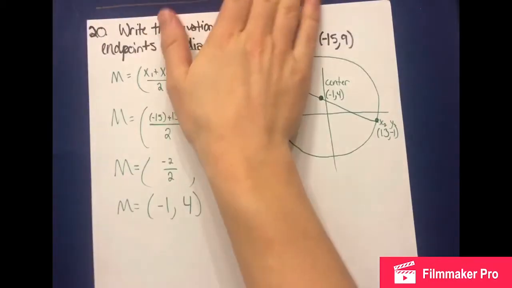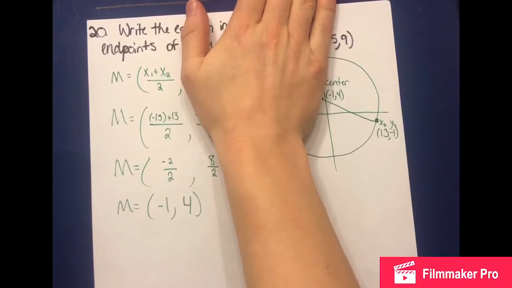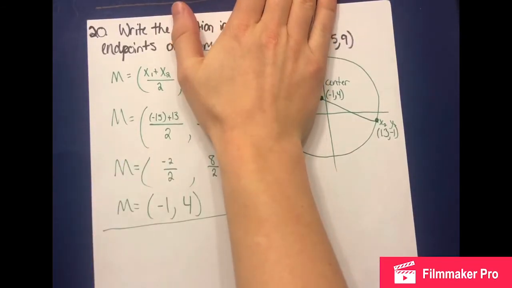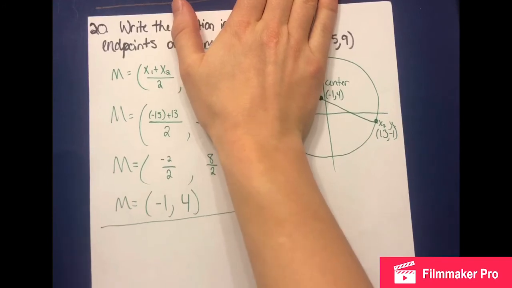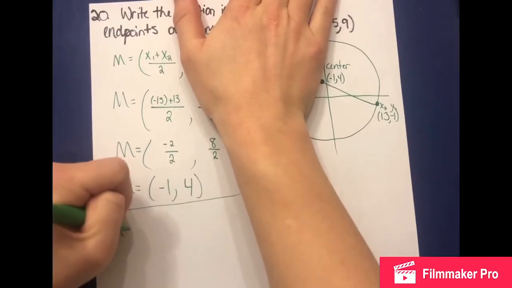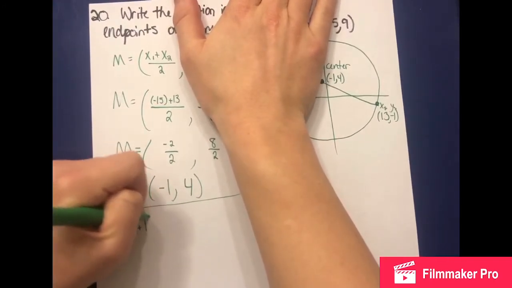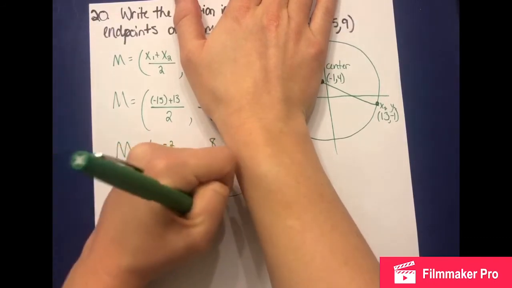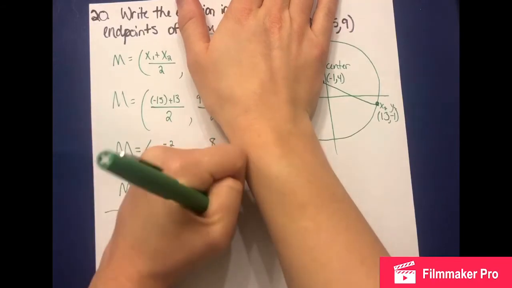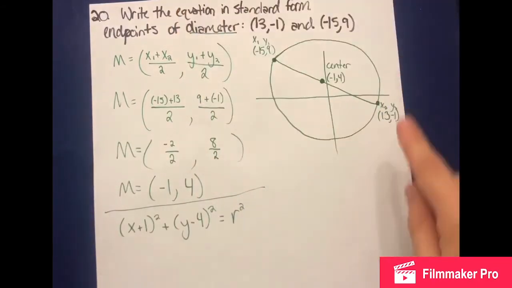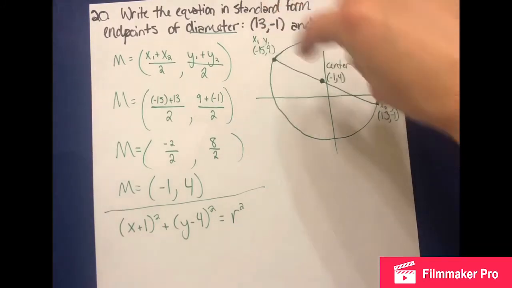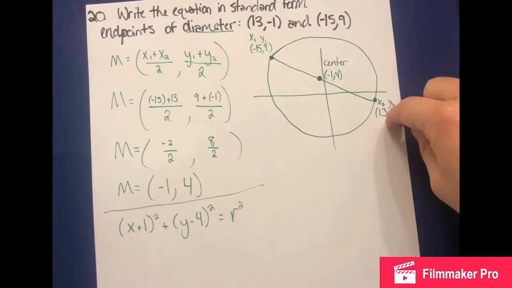So all I'm going to do is cover up one of those endpoints and do the exact same process that you just did in the last problem. Here, I would start by writing out x + 1 squared plus y - 4 squared equals radius squared. Use this point and this point. You could have used the other two, I just thought these were easier numbers.